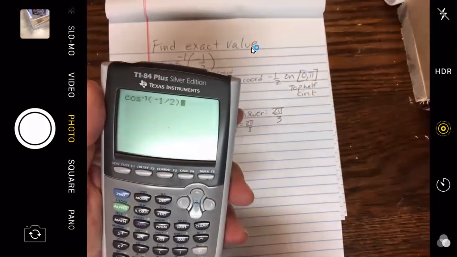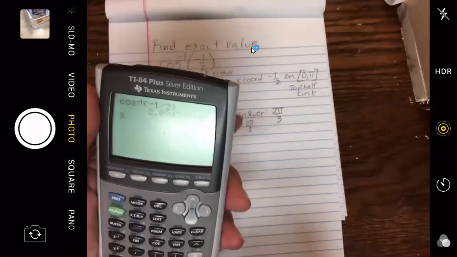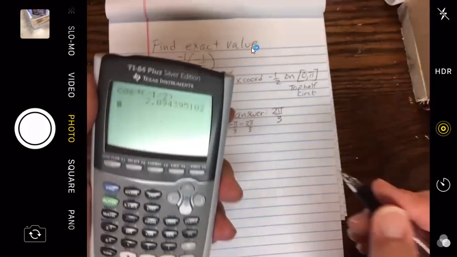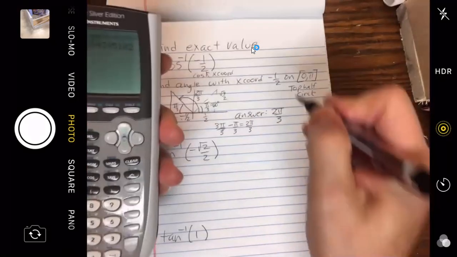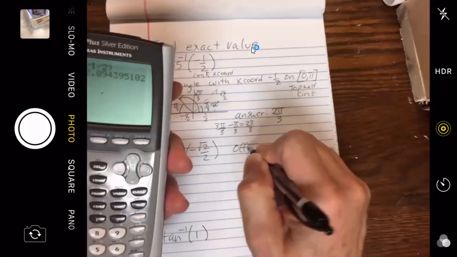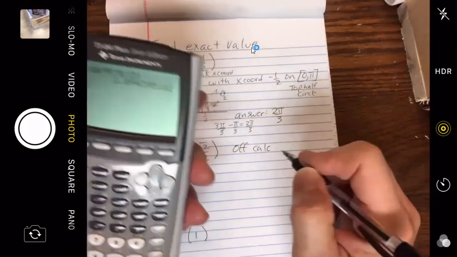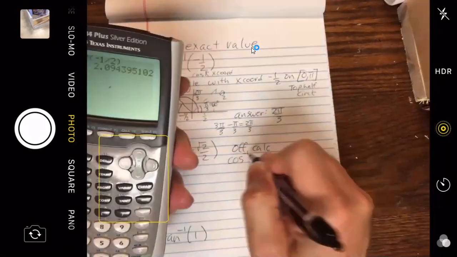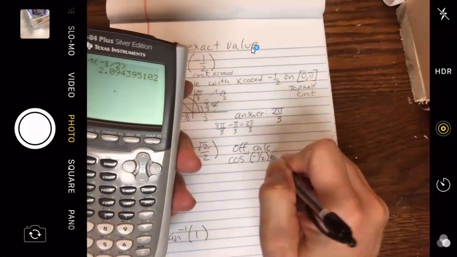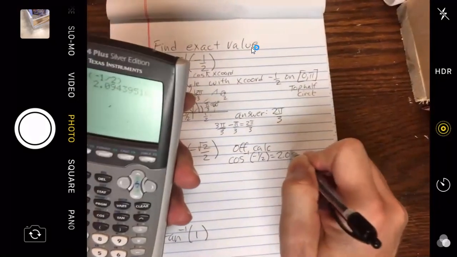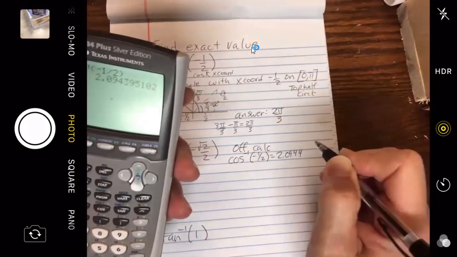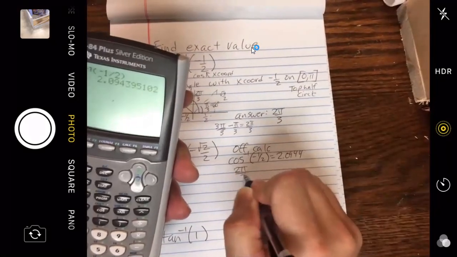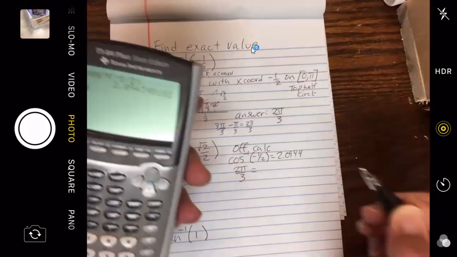When we hit enter, I get 2.0944. Arc cosine of negative 1/2 is 2.0944. If I punch 2 pi over 3, if we don't get 2.0944, I'm going to quit on the spot.